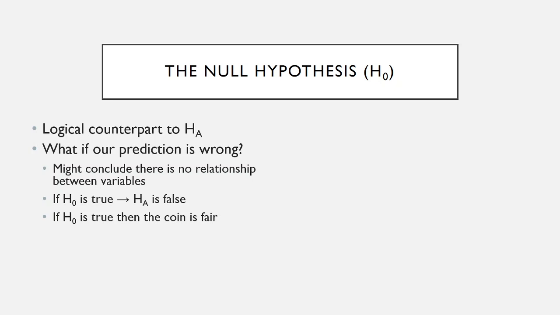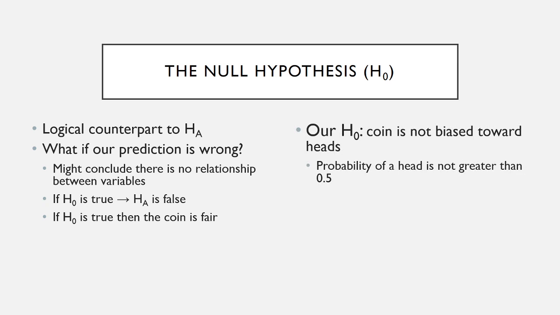So either the coin is biased or it's not, and I want to craft an alternative and null hypothesis set that covers all of those possibilities. Additionally, them being logical counterparts means that one of them has to be true and both of them cannot be true at the same time. One of them will need to end up being borne out as appearing true on the strength of the data analysis.